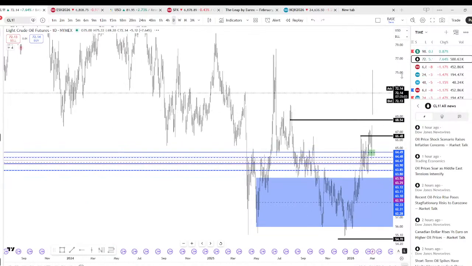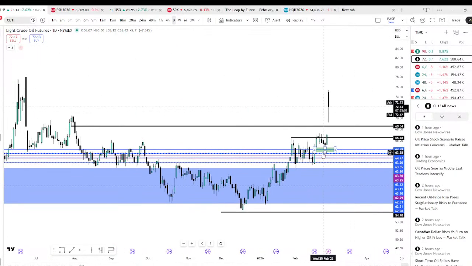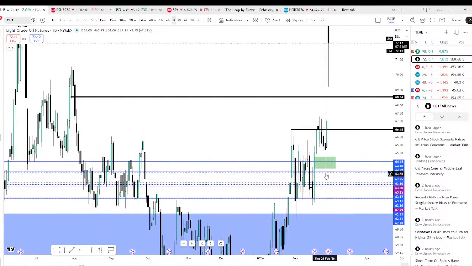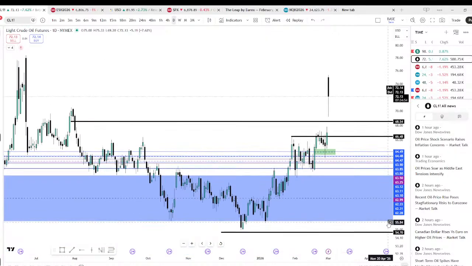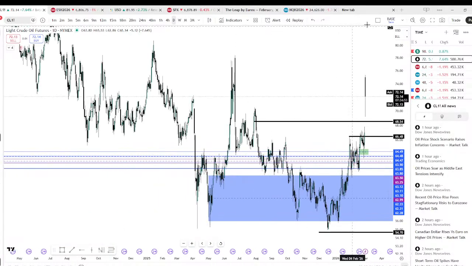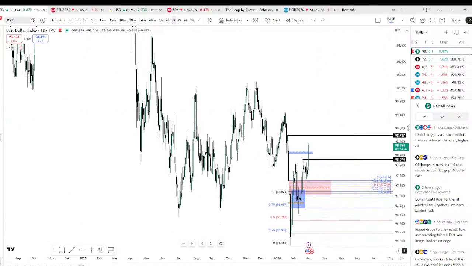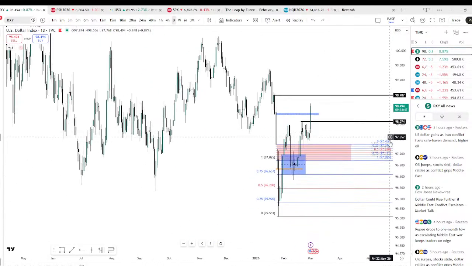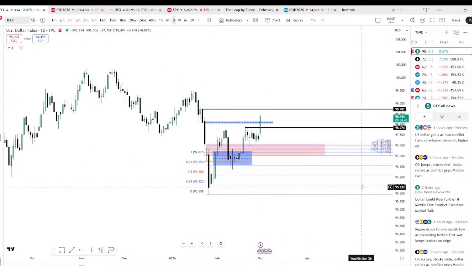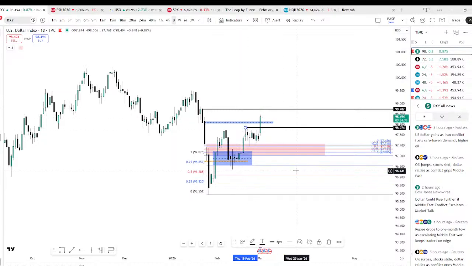Here's our oil. That's what I was talking about last week with the entry. Right there, absolutely perfect. Dollar working up. Again, as I talked about it down here, that's what we were looking for.